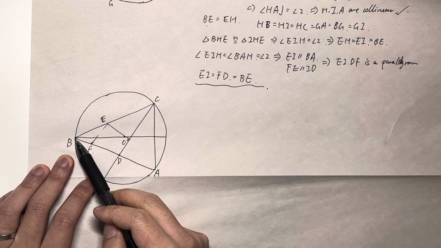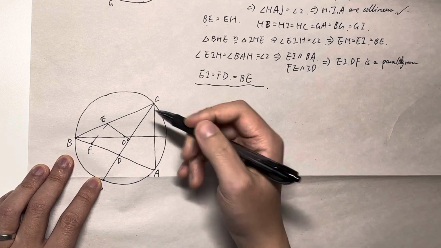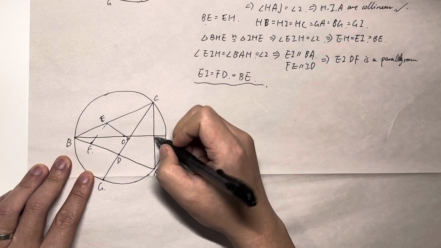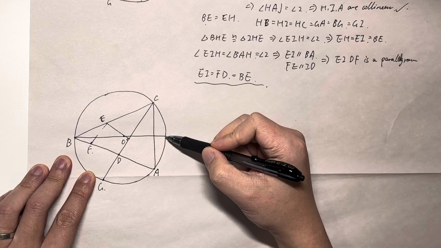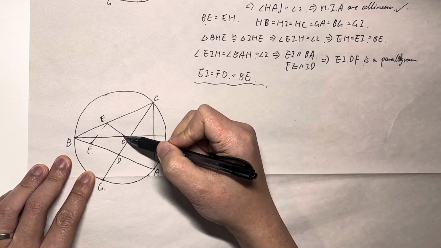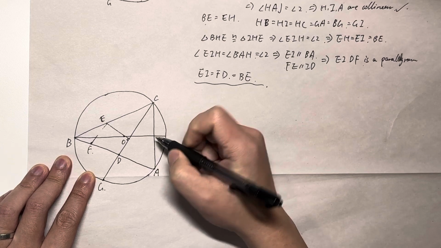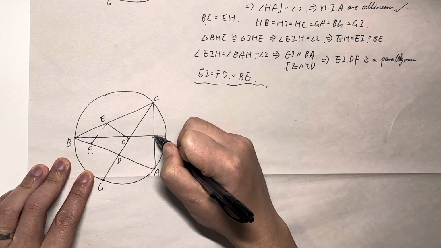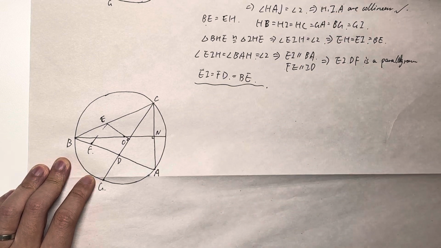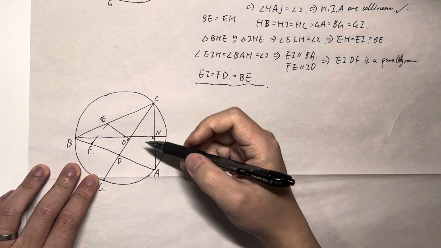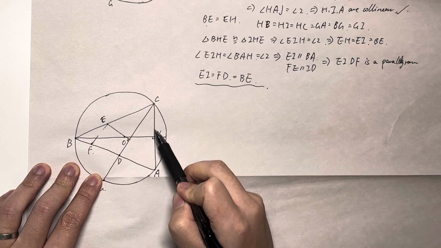So if we just draw the angle bisector of angle CBA, we can find a lot of properties. First, because BC equals BA, this angle bisector passes through the point O, and also is perpendicular with CA. So this is 90 degrees. Let's call this point N.